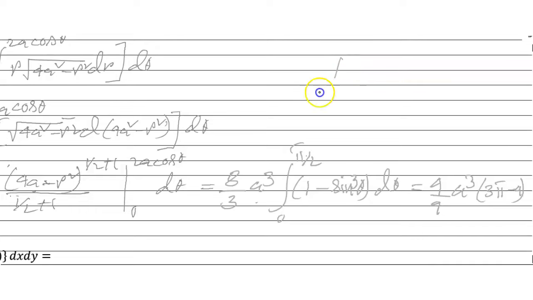So what is the formula, friends? 0 to pi by 2 of sine to the power n x dx.